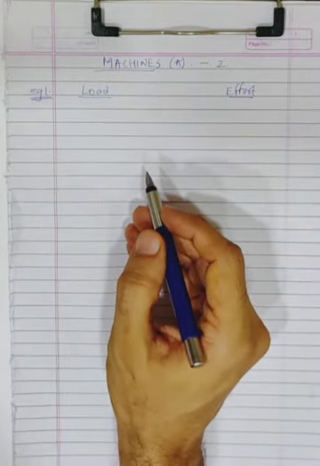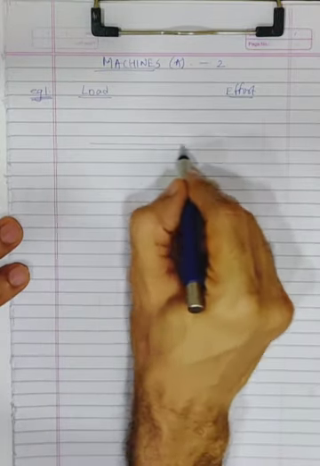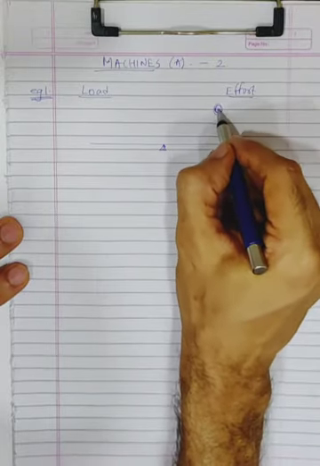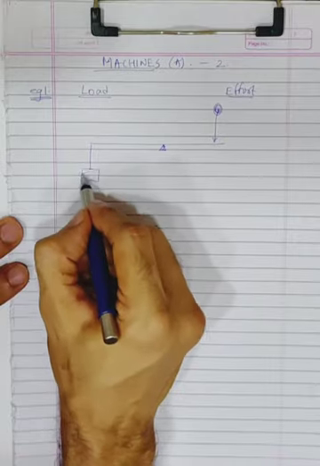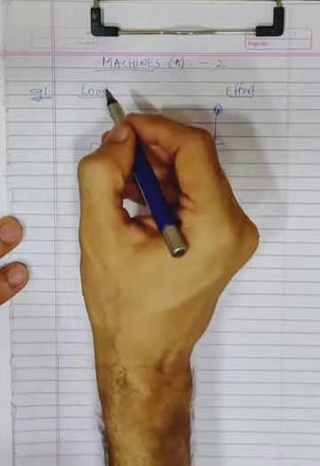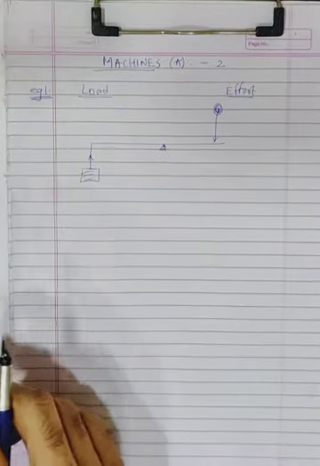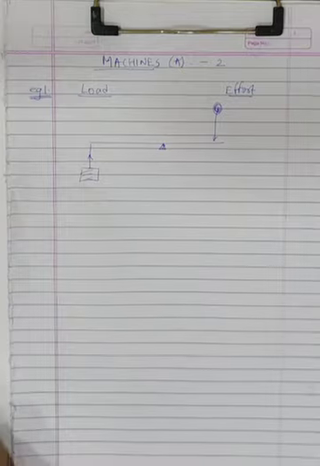Just for our understanding, I'm giving this analogy. Let's say out here we have something like a seesaw. There is a mass which falls over here, and because this mass falls, this load will be lifted up. Remember, the problem is not about the seesaw. I've just made it for our understanding.